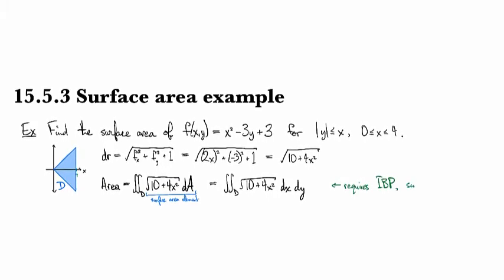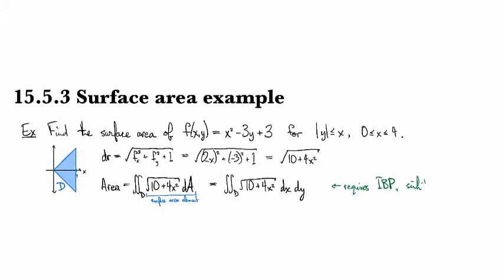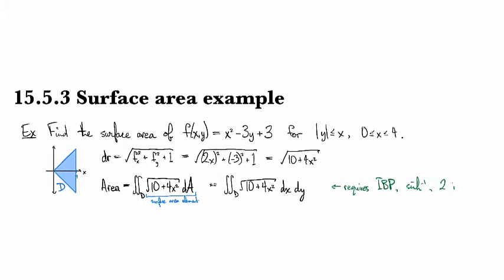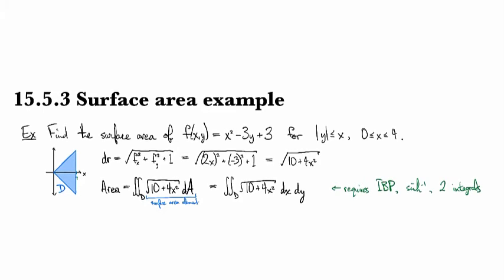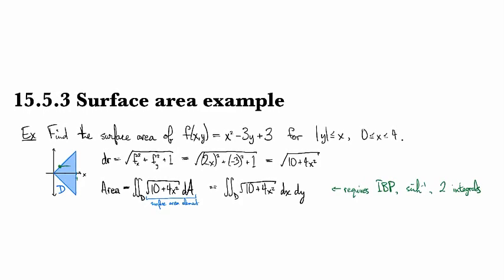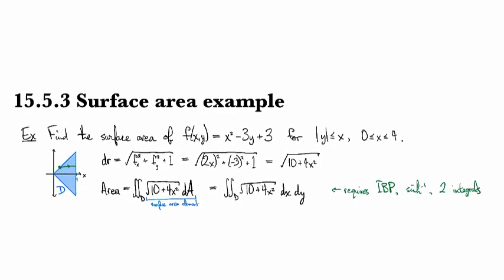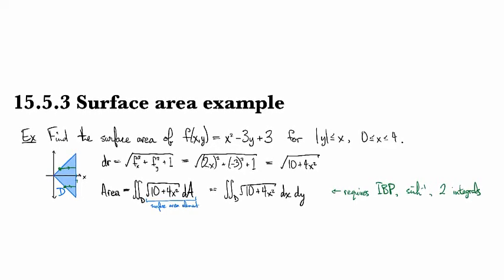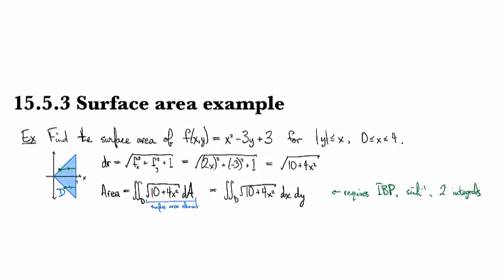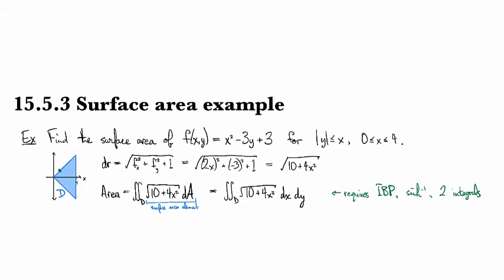We're going to need to use the inverse hyperbolic sine function, and we're going to have to set it up as two integrals, because when you look at our bounding curves, we've got one lower bounding curve for these integrals and another lower bounding curve for these integrals. So that's just all kinds of let's not do that.